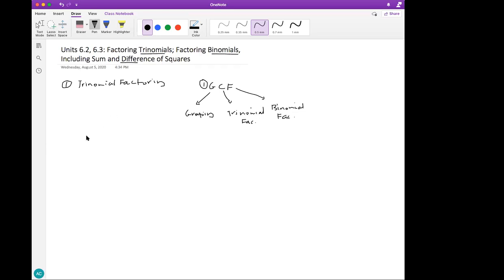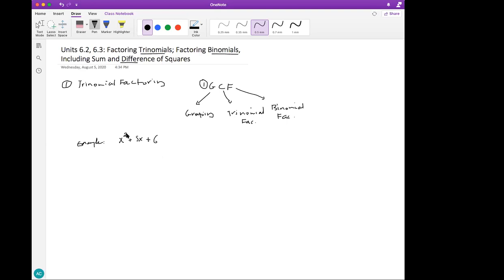So let's take an example for a trinomial here. Let's say x to the second plus, let's say maybe 5x plus 6. As you can see, that's a trinomial. It has 3 terms.